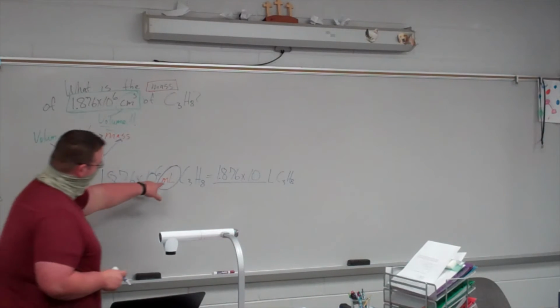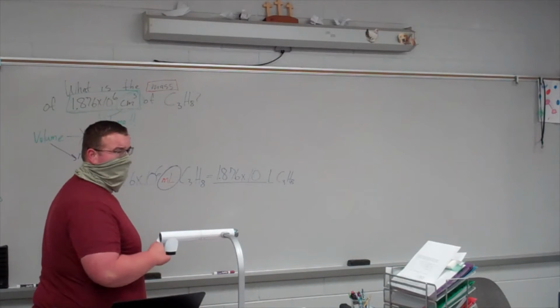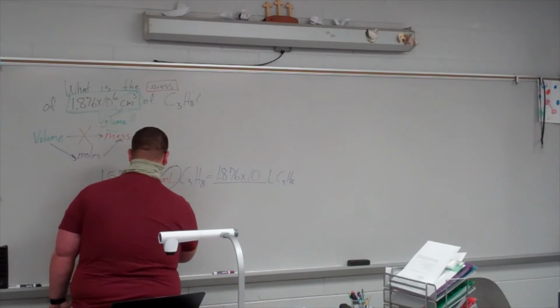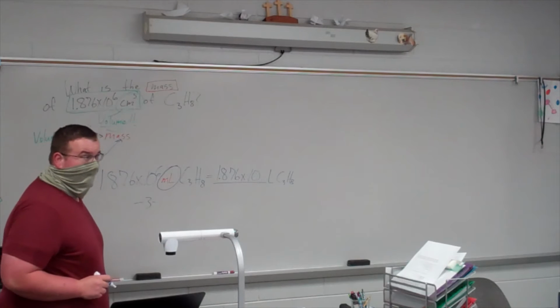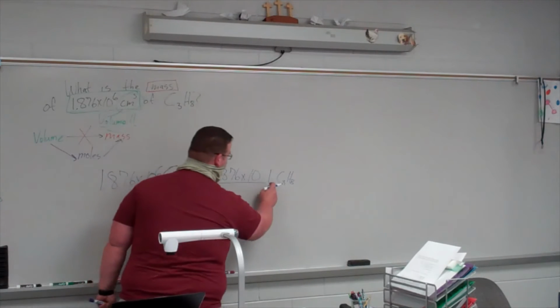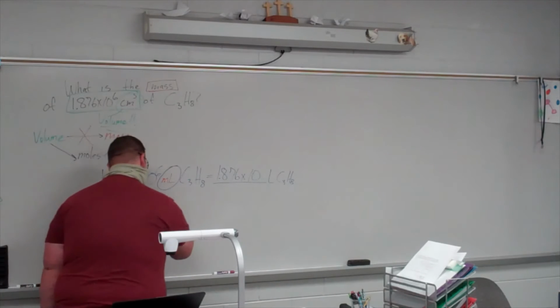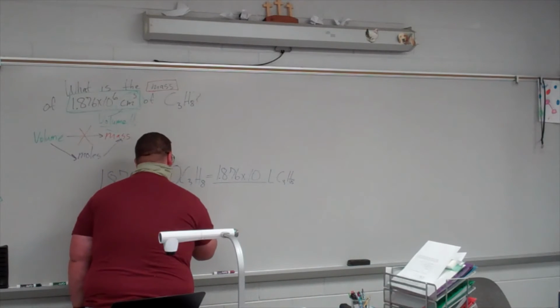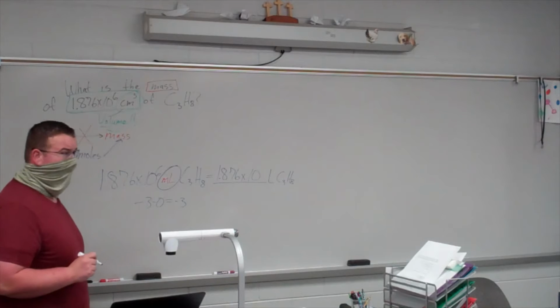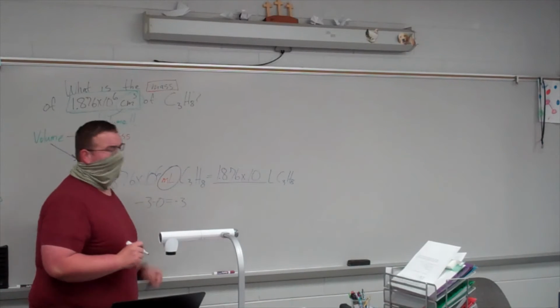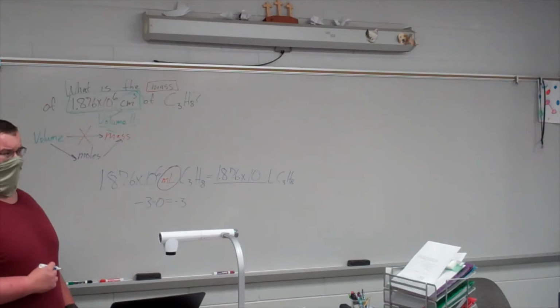So I'm starting with milliliters. You look at milliliters, the exponential value of milli is -3. Subtract from that the new one, which is just liters, the base unit. So we have -3 minus 0, which is equal to -3. There's no exponent on the unit, so I don't multiply by anything.